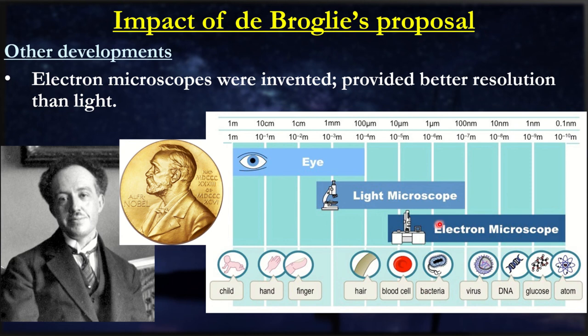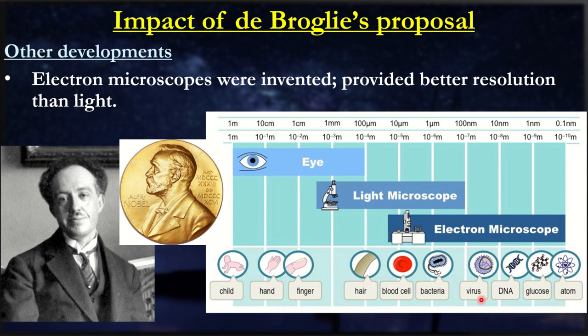We have the use of the electron microscope. Now we know that the electron has a much smaller wavelength than light, and the smaller the wavelength of whatever we're trying to use, the better we can see even smaller objects. Because if the wavelength isn't smaller than the object itself, we won't be able to detect and see it.